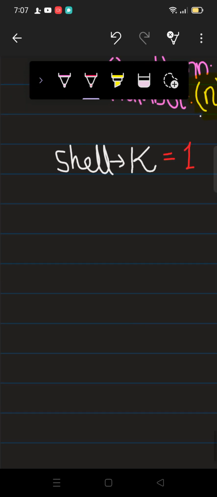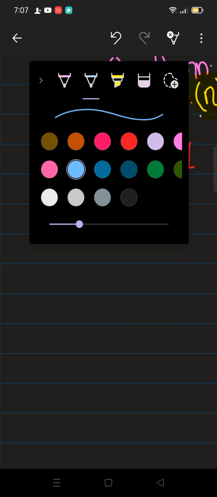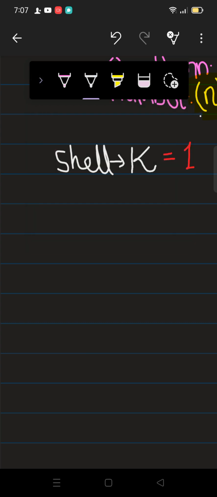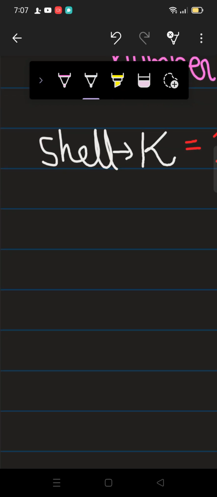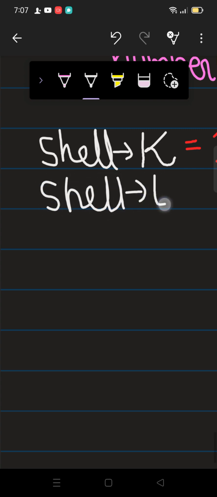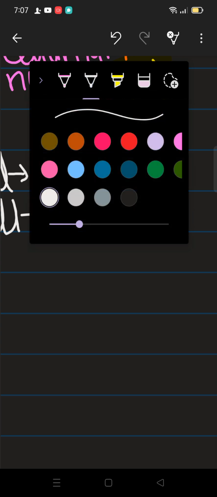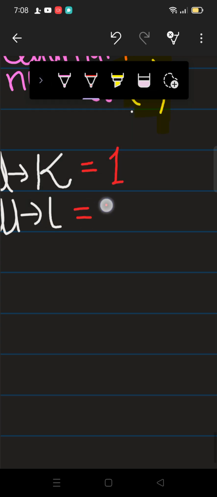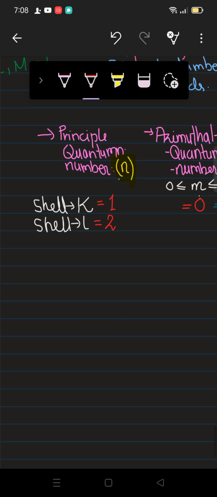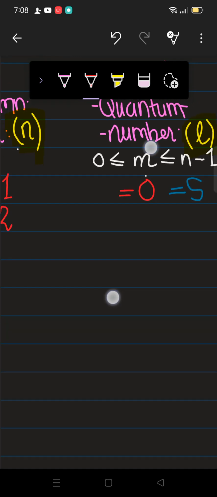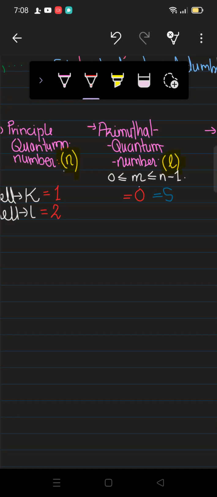Now we are talking about shell number L. Since we are done with shell number K, now shell number L. We know that in L we have second shell, and the l value would be greater than or equal to 0 and less than or equal to n minus 1.